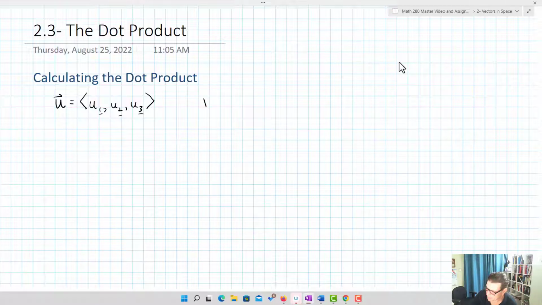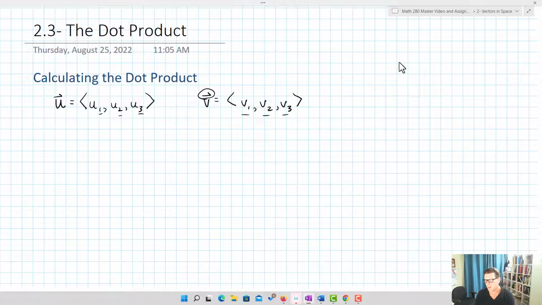So if I say, for example, I have a vector v, v will look like this. It'll be v1, v2, v3. Your vector has a little arrow over the top of it, or it'll be bolded, and then your components will have subscripts, and that represents the individual components.